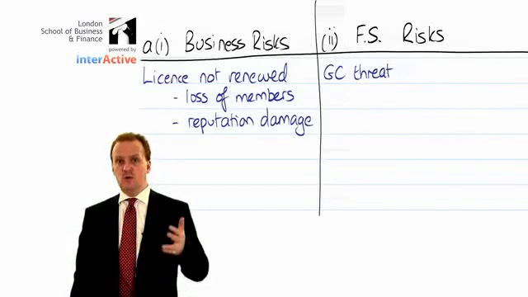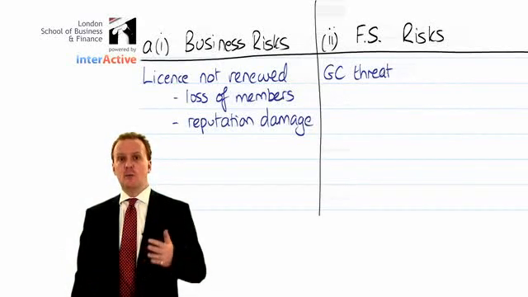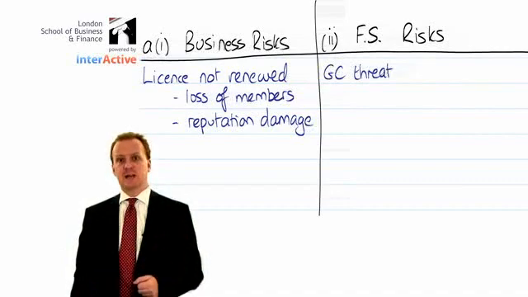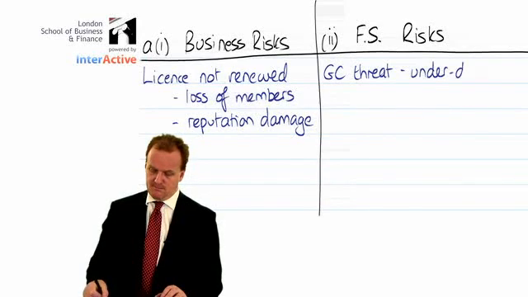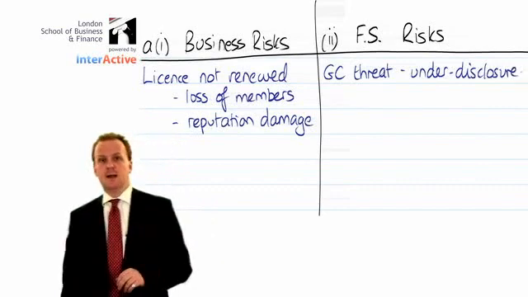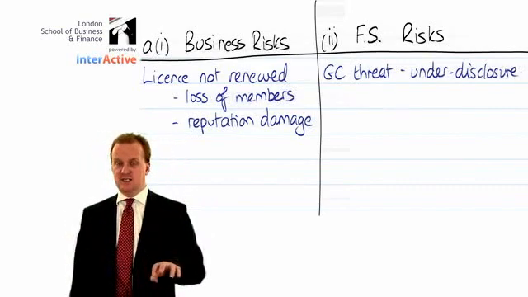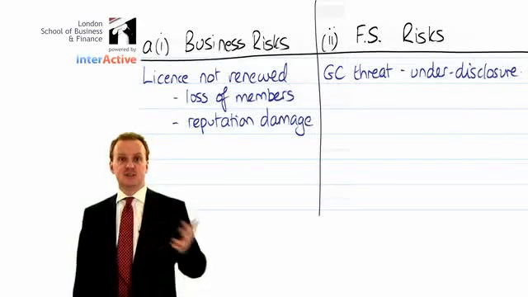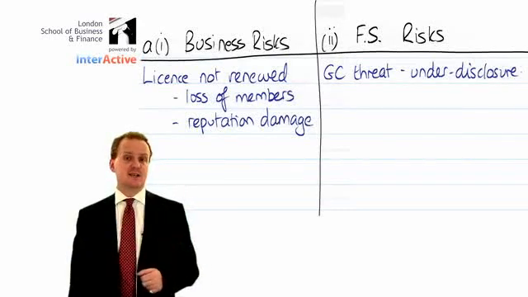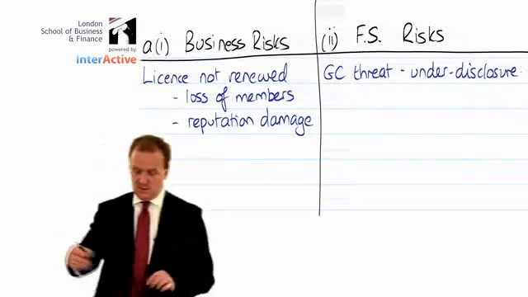Well, if there's a threat to your going concern position, you're meant to disclose that in the financial statements. If several centres lost their licences, this could extend into this chain of leisure centres not being a going concern at all.